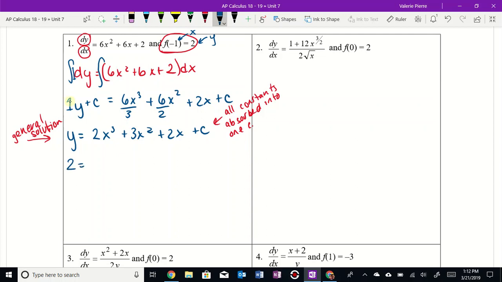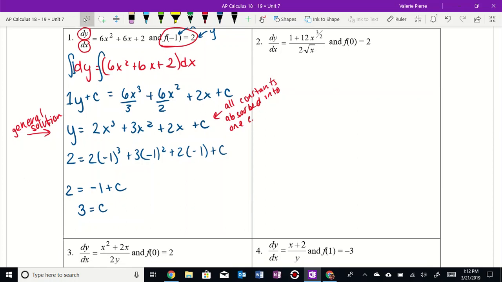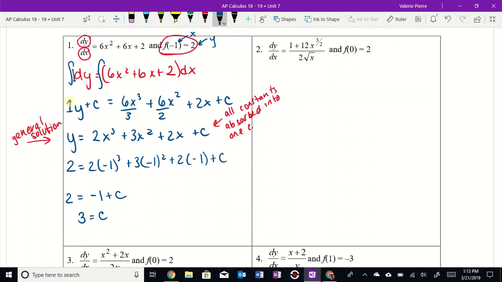So we'll have 2 equals 2 times negative 1 cubed plus 3 times negative 1 squared plus 2 times negative 1 plus c. So we have 2 is equal to negative 1 plus c. So 3 equals c. So our particular solution, since our initial condition was in f of x form, we're going to write our particular solution in f of x form.